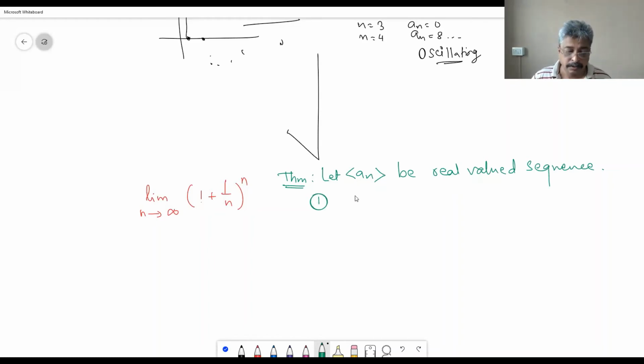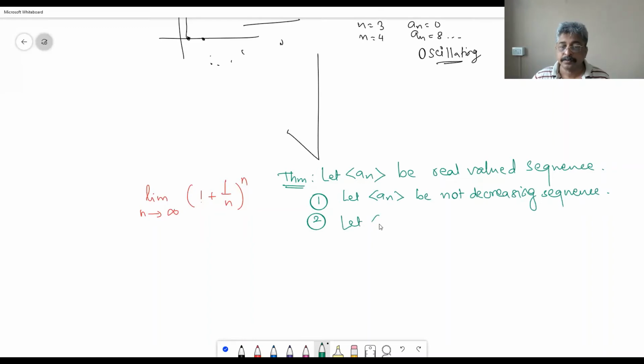One: let an be a non-decreasing sequence. Two: let an be bounded above. Then three: an is convergent.